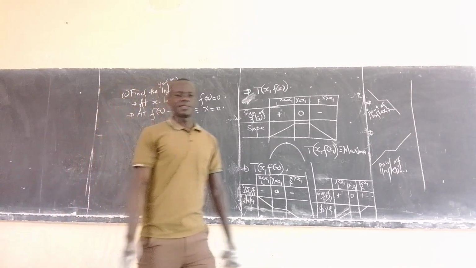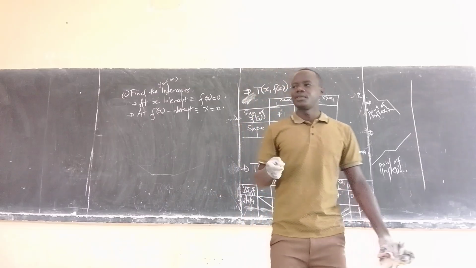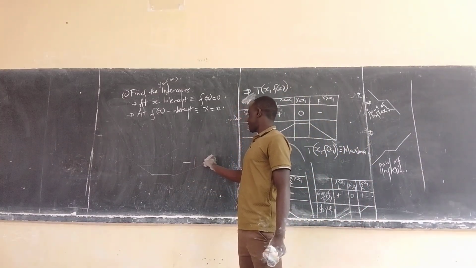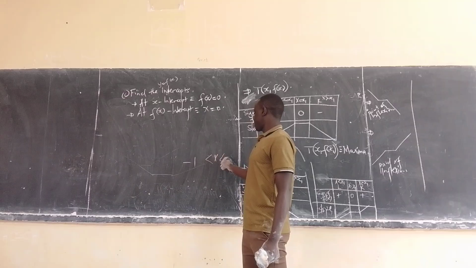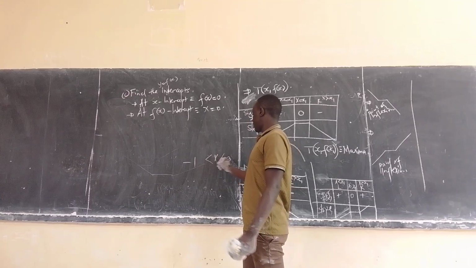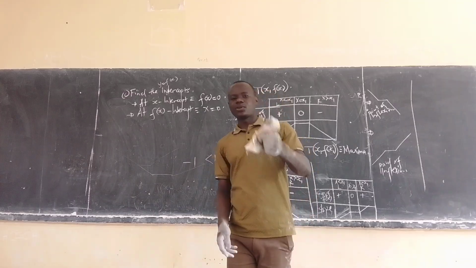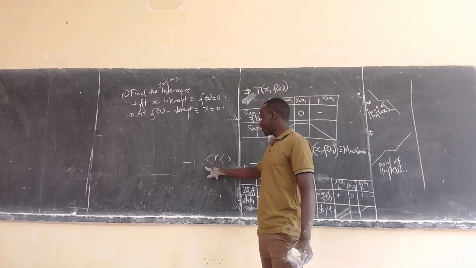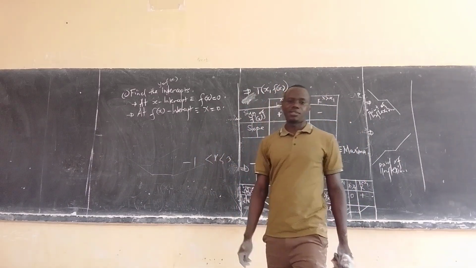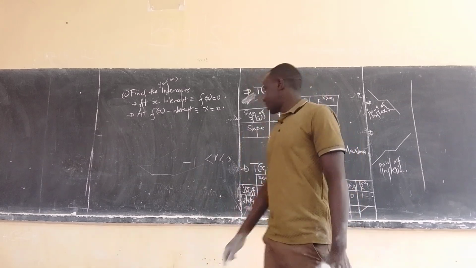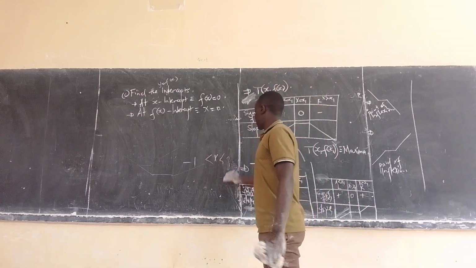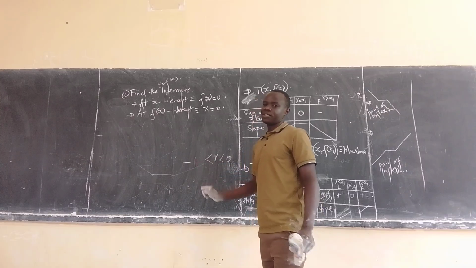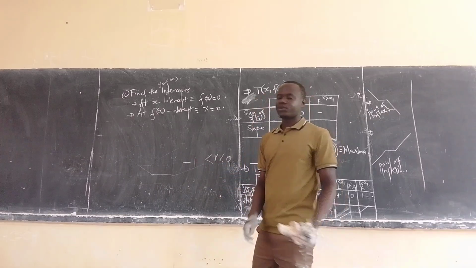But we only find them in cases where you see that in the given range, one value is a positive and the other one is a negative. Meaning it is going to cut the x-axis, or the y-axis at some point when the x-coordinate is 0. But where you see that it's moving from negative to a 0, or when all these values have the same sign, they are not relevant.